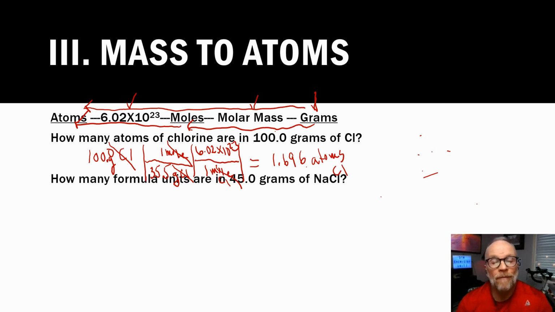How many formula units are in 45 grams of NaCl? Okay, so formula units. A formula unit is this whole big thing together. Okay, so in this case, you have 1 atom of sodium and 1 atom of chlorine in the formula unit. So we treat that like one big thing.